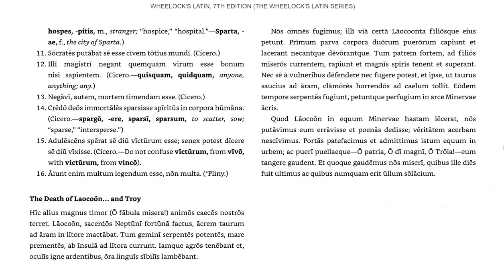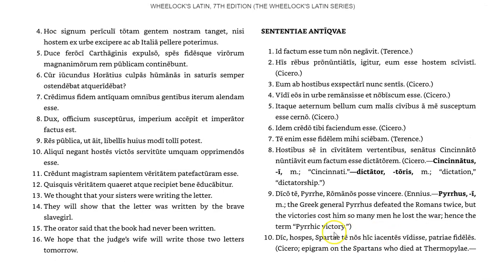Hospice. Do they give us any vocabulary? Yeah. So hospice, stranger, and of course Sparta. So we're going to translate that as stranger. So stranger, right? So literally tell stranger to the Spartans.